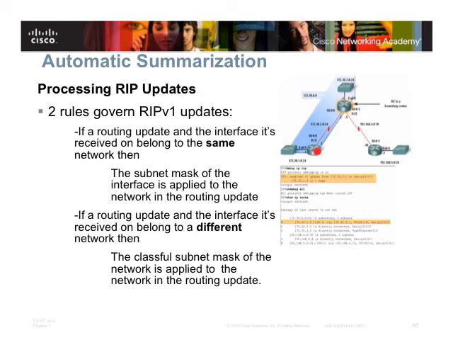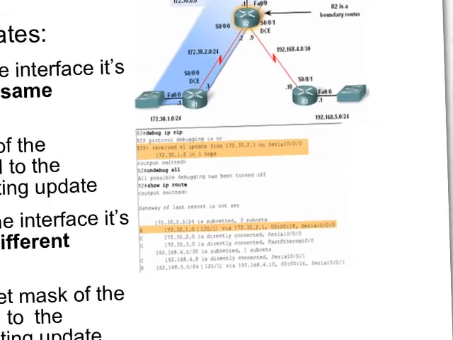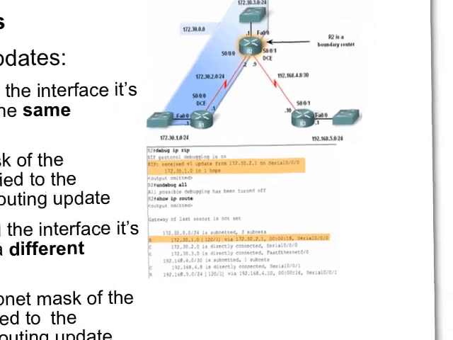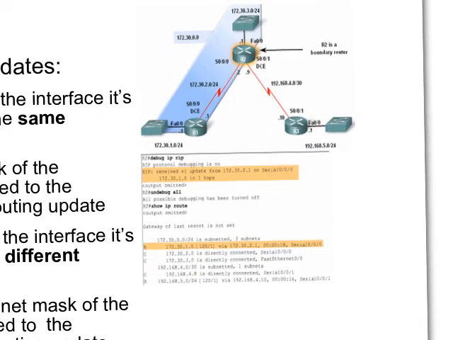So if we look at the routing table for router 1, it will have one route entry for the network 172.30.1.0/24.